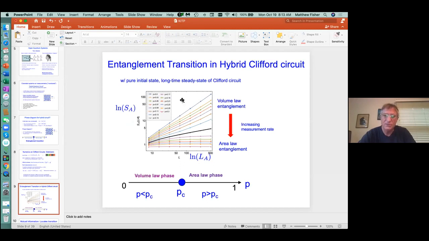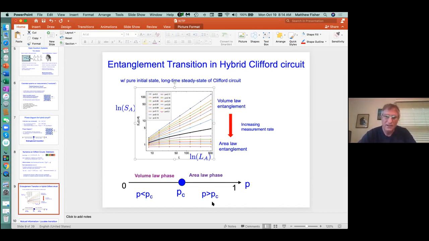At low measurement frequencies up here, one has volume law entanglement. The system gets very entangled. But as one increases the measurement rate, one transitions into a phase where one has area law entanglement.